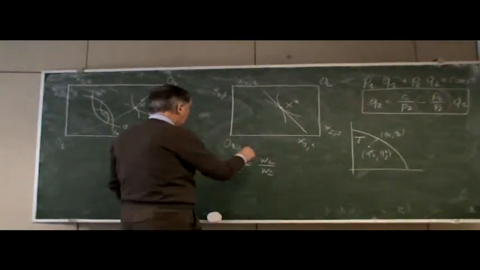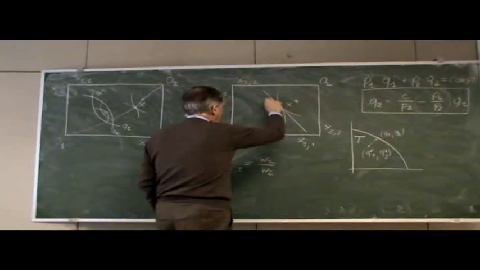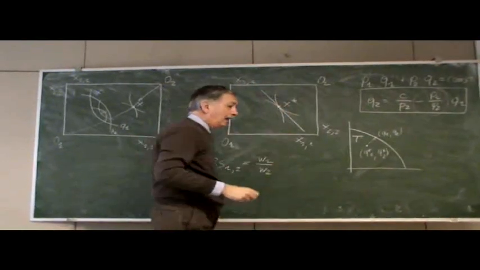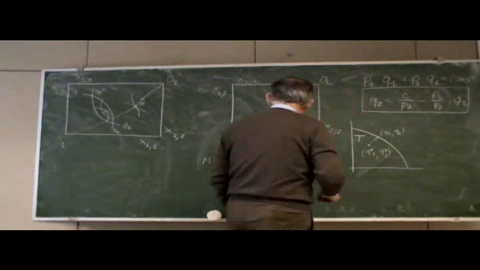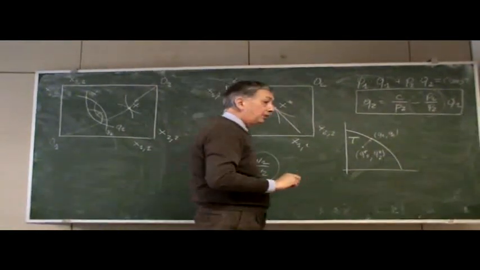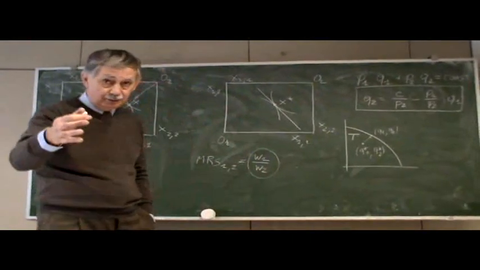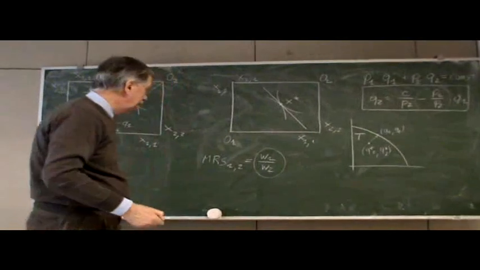You have that since there is only one tangent to both these isoquants, also the ratio of W1 on W2 is uniquely determined, as I told you before.